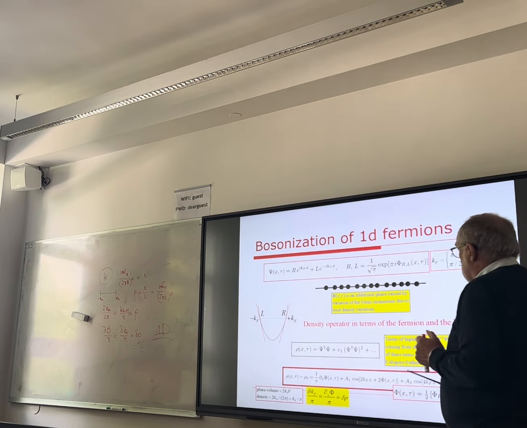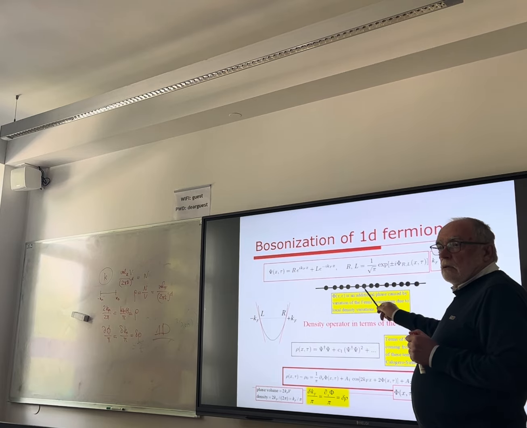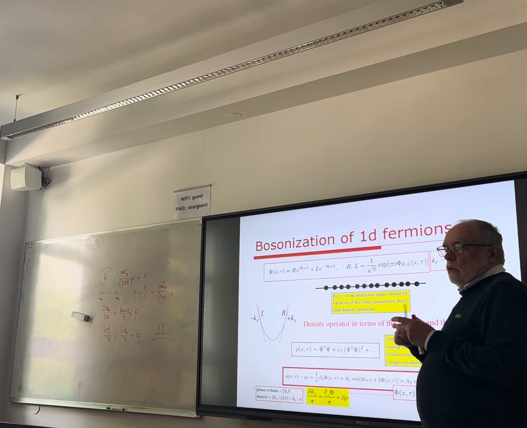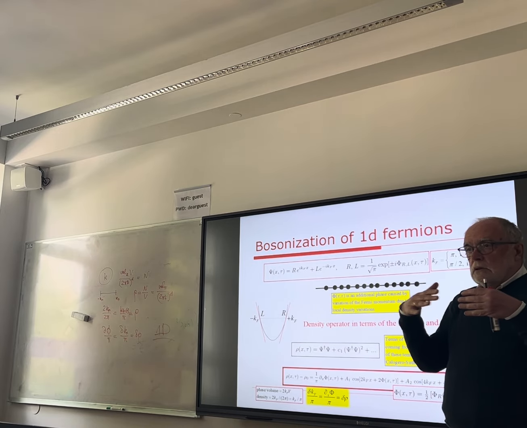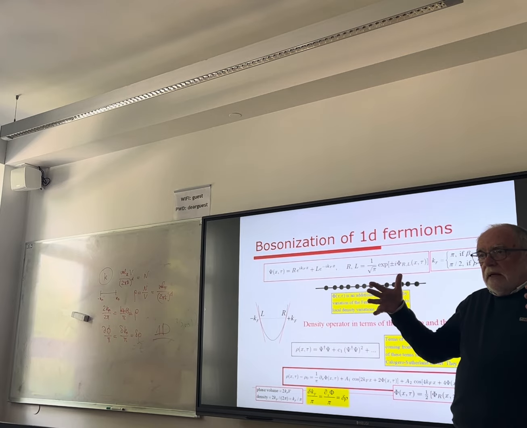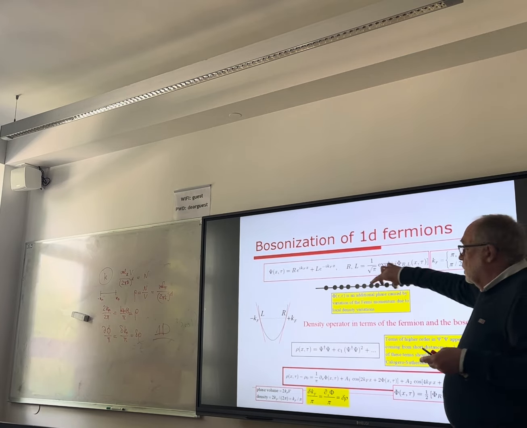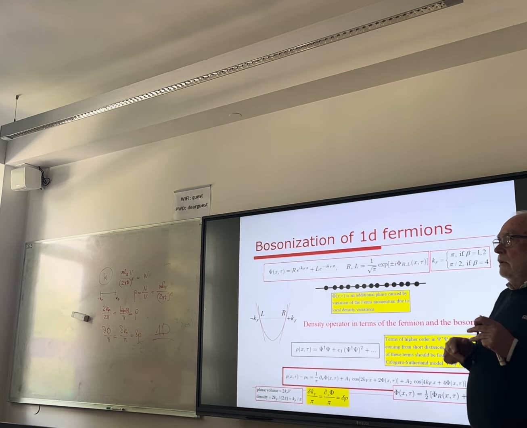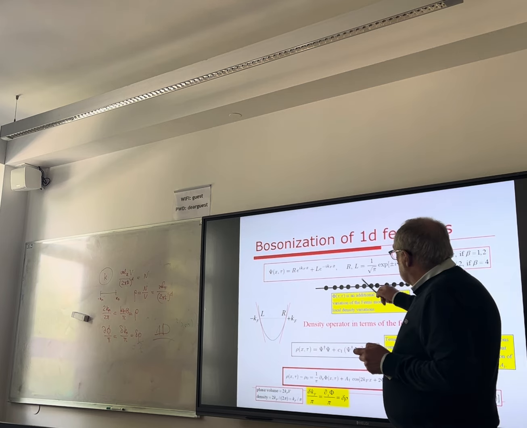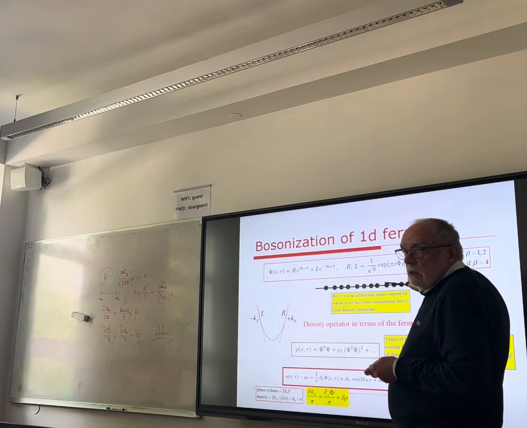But the trouble in high dimension is even worse, because in one dimension you cannot jump over the head of another particle. So all you can do is make density fluctuations, because you may compress, you may depress locally, and this will be the density fluctuations. But if you are not in one dimension but in two dimensions, let's say, you can go to the next lane and overtake.